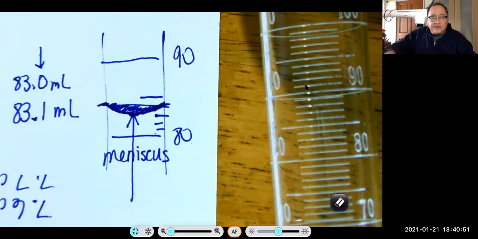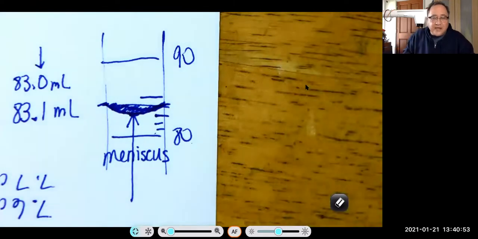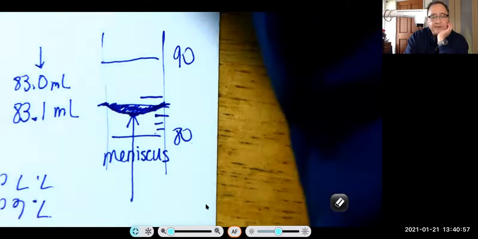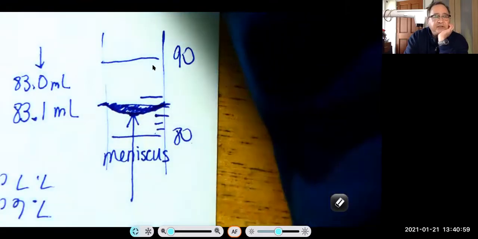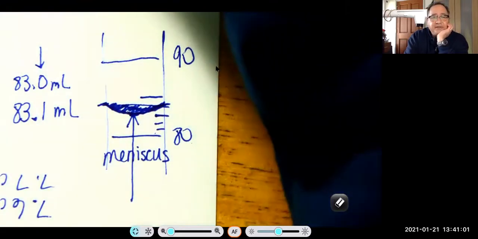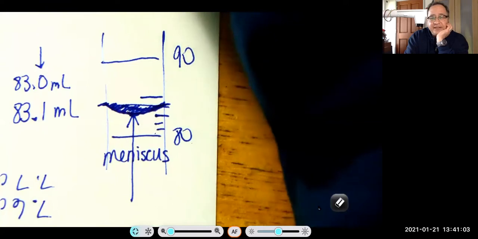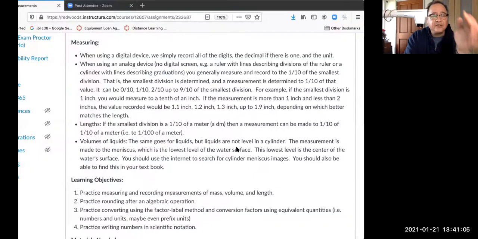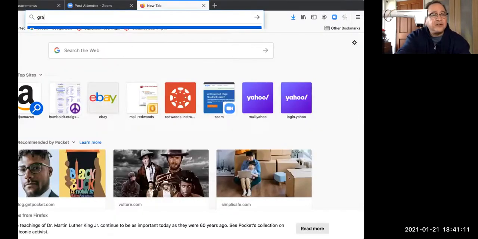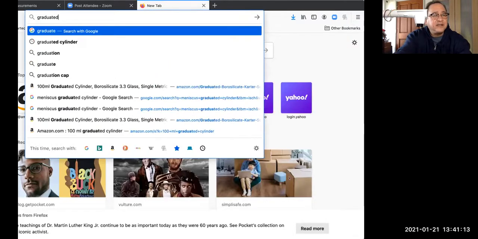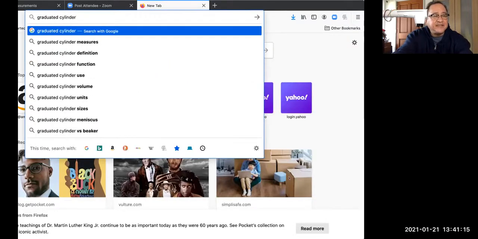Let's go to the internet and take a look at a photo of a meniscus, okay? So I'm going to change my share to this. So this is the lab that we're looking at. And I'm going to write graduated cylinder meniscus.